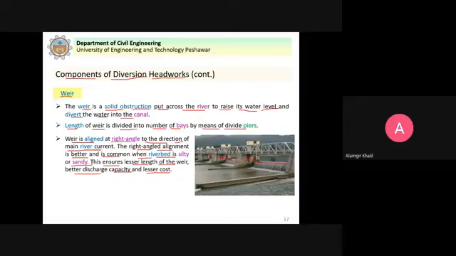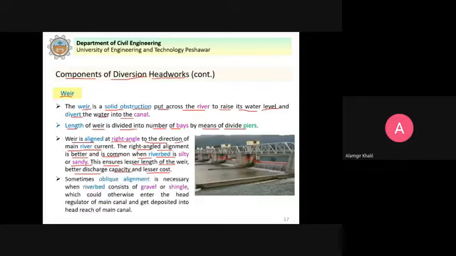When the weir is placed at right angle to the main river current, this is better. Sometimes oblique alignment is necessary when the river bed consists of gravel or shingle, which could otherwise enter the head regulator of the main canal and get deposited in the head reach of the main canal.